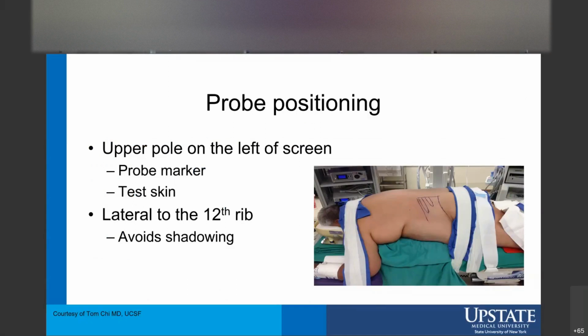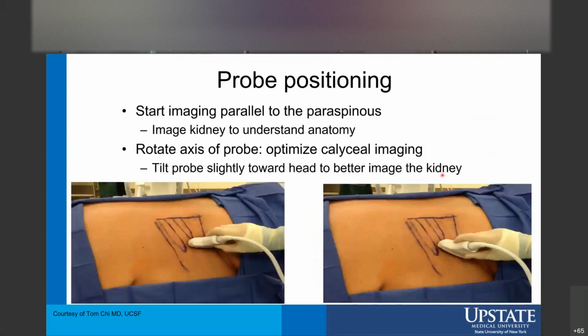I prefer to obtain access in this little lumbar area. First you position your probe in line with the axis of the patient, from superior to inferior, and then rotate about 15 degrees to be parallel to that 12th rib. That'll eliminate any shadowing and put you in the transverse plane of the kidney.